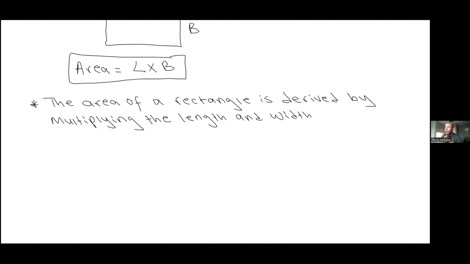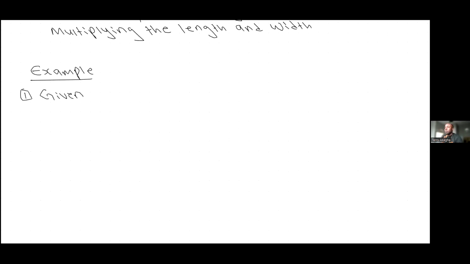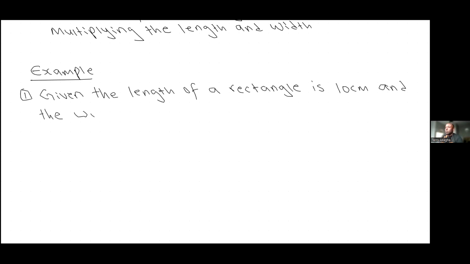All right, so let's pick an example for this so that we can see if we understood it. So we have this example here. Number one, we're told, given the length of a rectangle is 10 centimeter and the width is 5 centimeter.